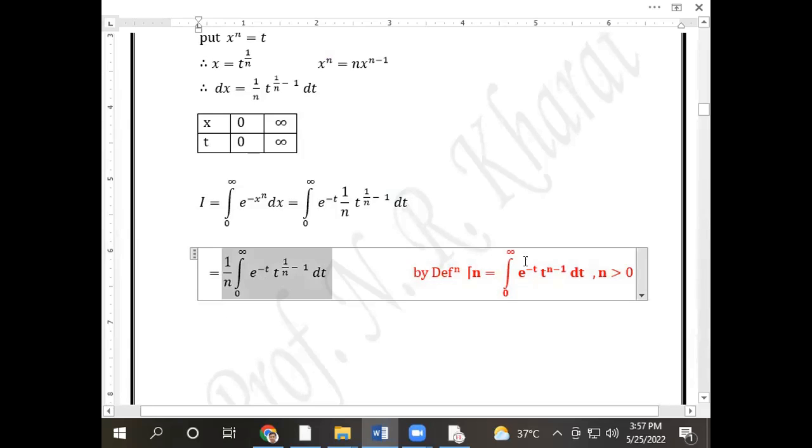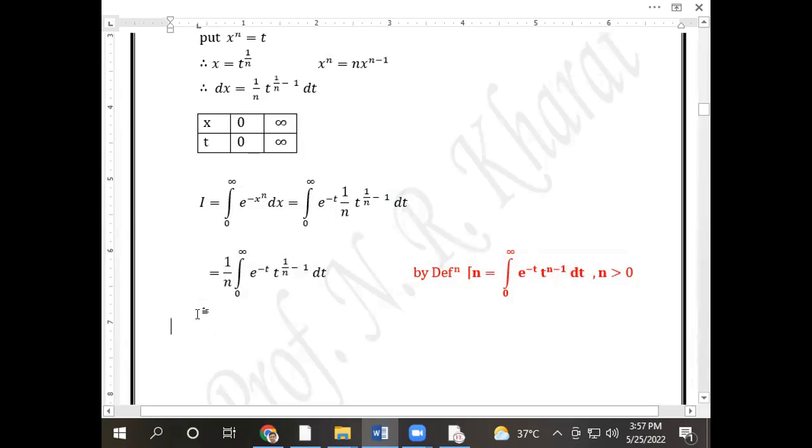When we compare this example with the definition, the index of the exponential function is minus t, and the index of t is 1 upon n minus 1. When we compare this, we have to add 1 to the index of t.